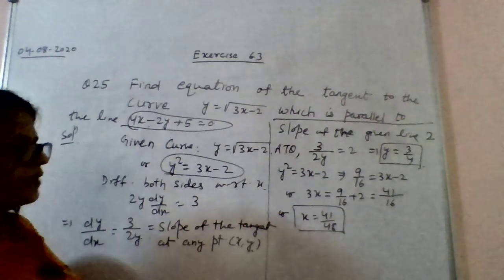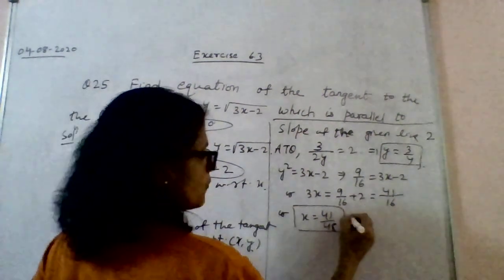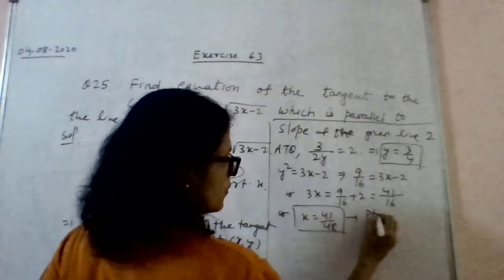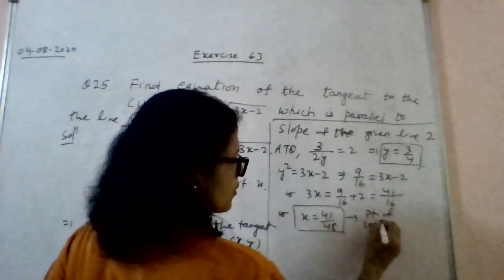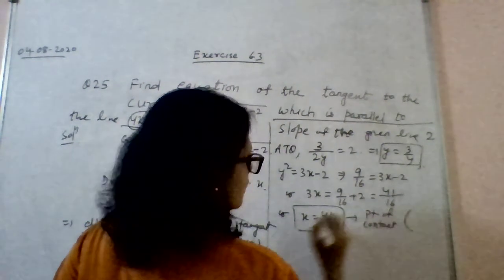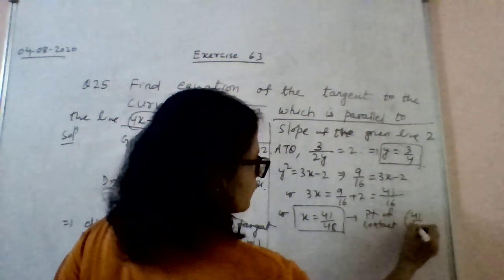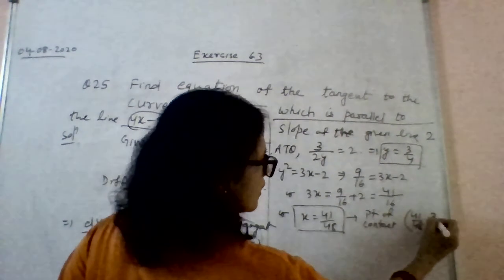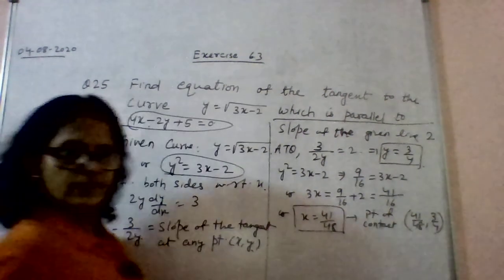Okay, so the point of contact we got is x 41 by 48 and y 3 by 4.